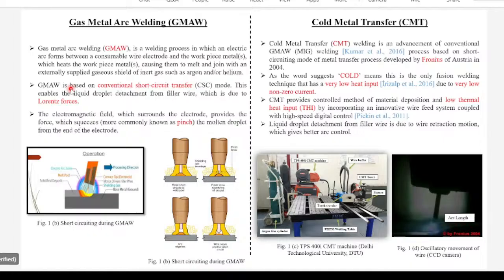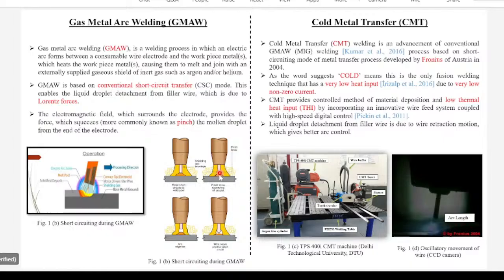As we learned in our BTech and MTech times, GMAW has four modes of metal transfer: spray transfer, globular transfer, pulse transfer, and short circuiting transfer. So for comparing with CMT, we are taking the conventional short circuiting transfer mode for GMAW.